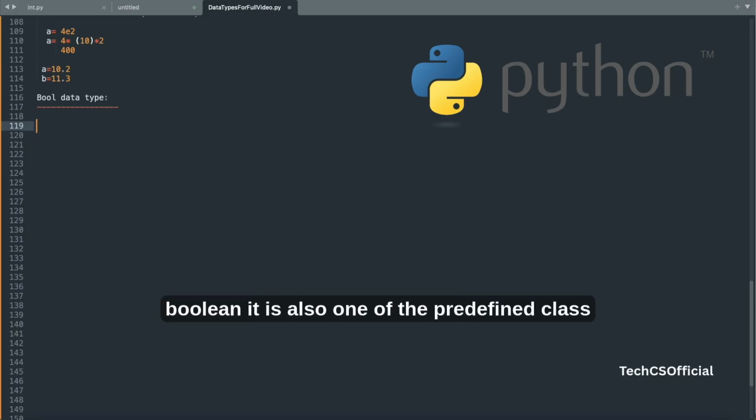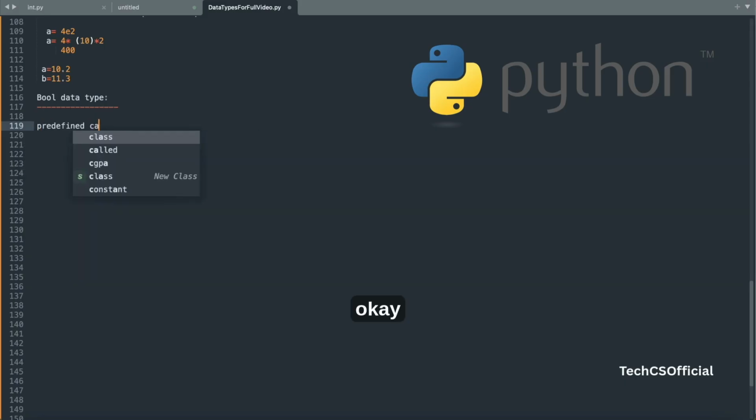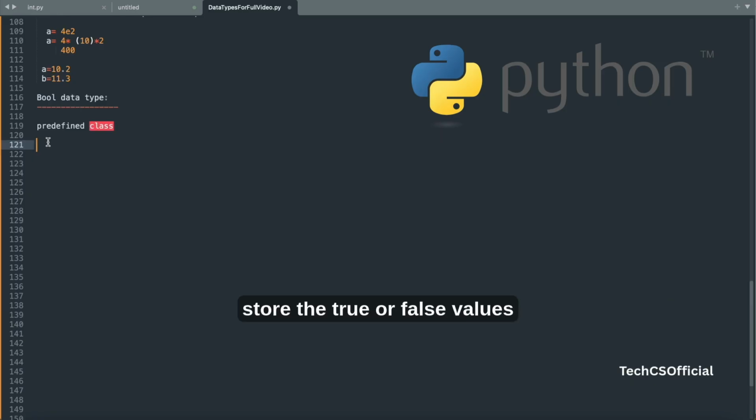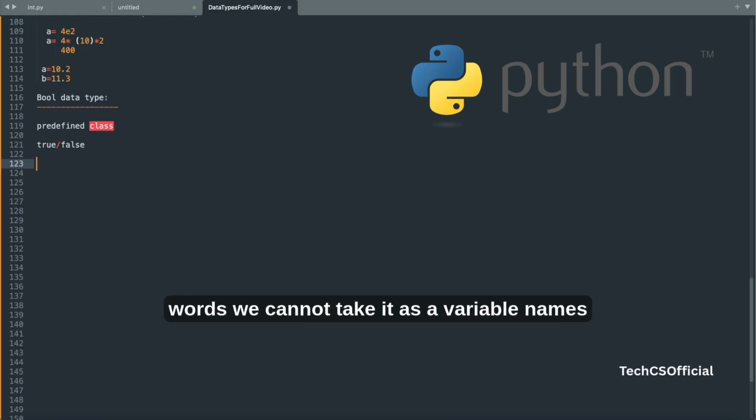Now Boolean is also one of the predefined classes, which comes under the fundamental category type. It will only store true or false values. In Python programming, true and false are called keywords, treated as values of bool type, and these true and false are reserved words, so we cannot take them as variable names.